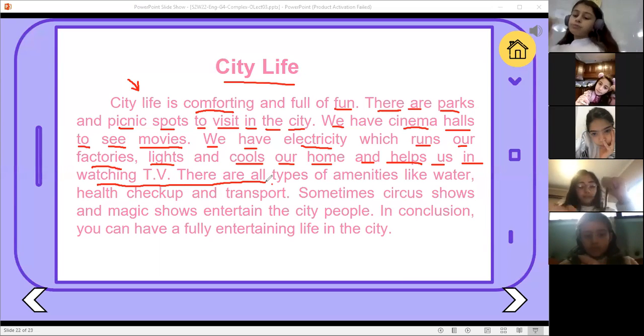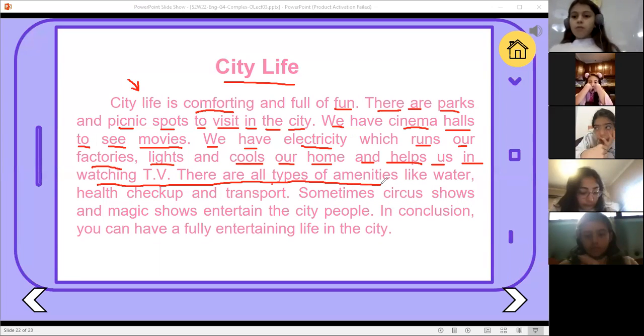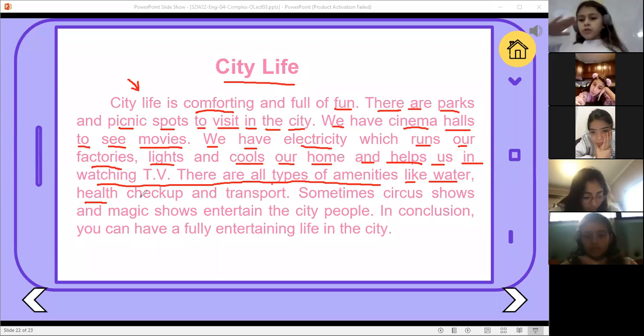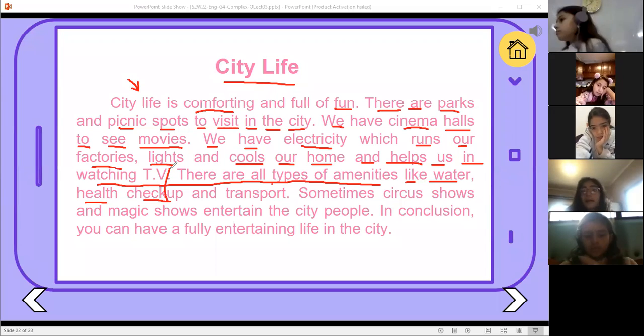There are all types of amenities, like services, okay? Like water, health check up, and transport.